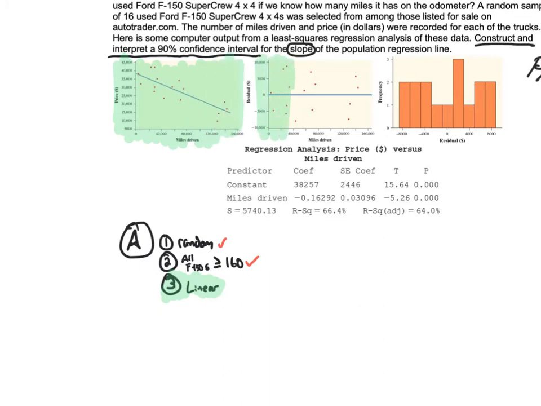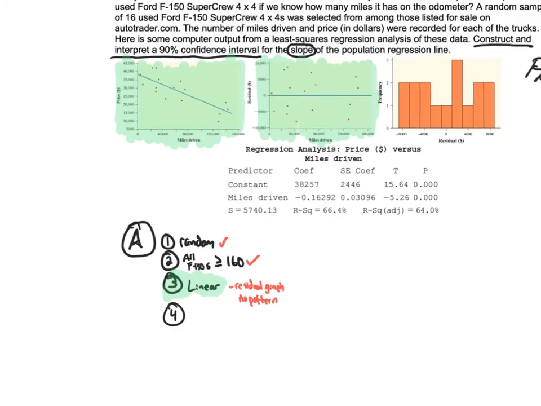Then look at the residuals and make sure there is no pattern. So I'm going to say residual graph, no pattern. That's because it's already shown up there, so let's just use it. All right, so is it linear?